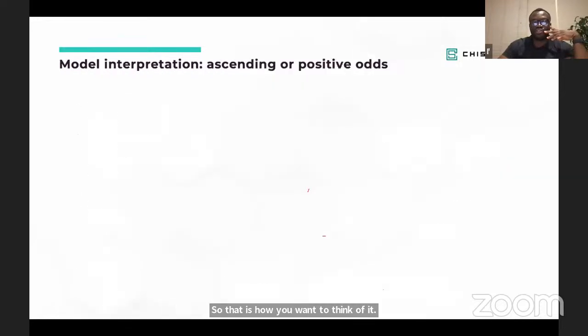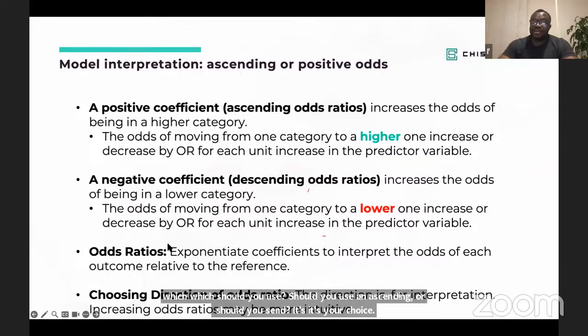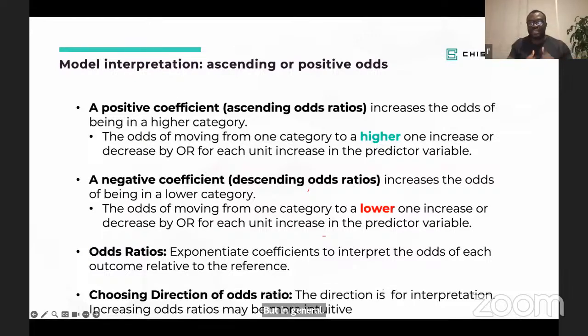Now, which should you use? Should you use ascending or descending? It's your choice. But in general, it's easier for lay audiences to understand things that are ascending. So people understand, oh, the odds of having more pain. Having more pain is a more intuitive interpretation than saying having less pain, right?